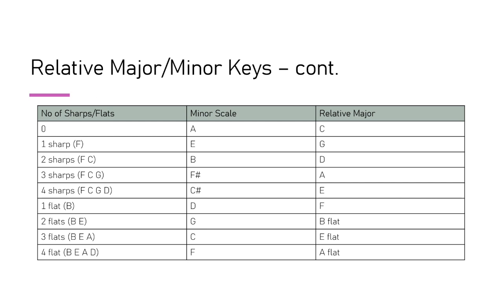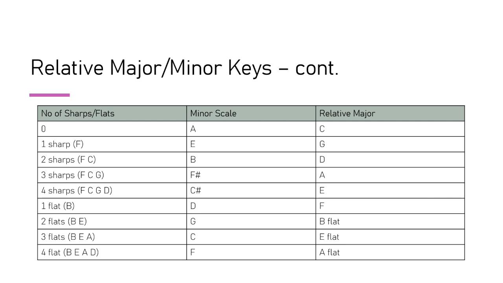And now, to go a bit further on relative major and minor keys, this is just to give you an idea of the different ways of looking at them. I've talked about key signatures that have 0 flats or sharps. That's C major, right? The relative minor is A minor. So A minor, no sharp, no flat.